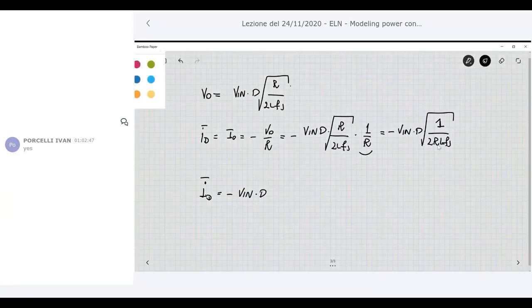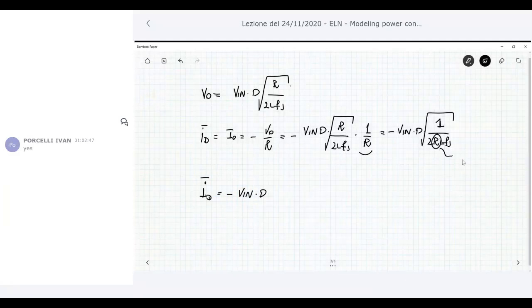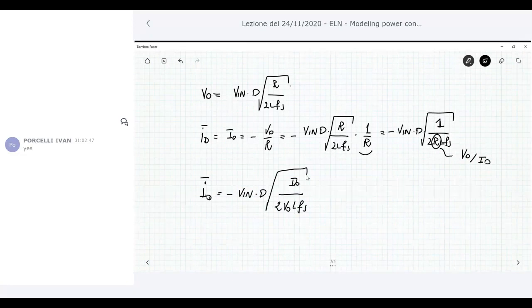Now R here is simply V naught over I naught. So let me replace this. So I have I naught over 2 V naught L Fs. Okay, so finally we get this expression for the average current flowing through the diode, which depends on V in, the duty cycle, V naught, all the parameters that you can have in your buck boost.